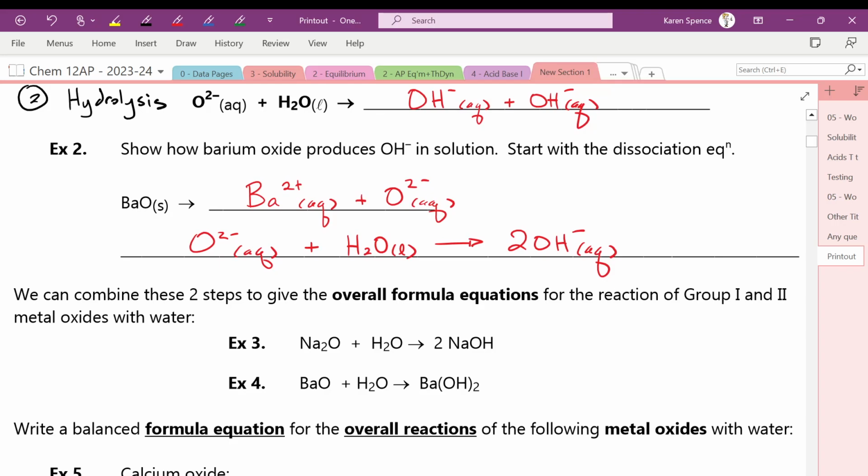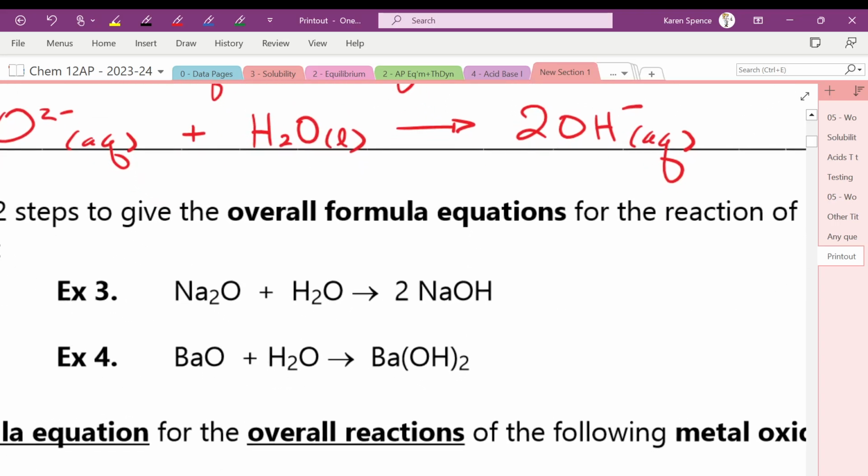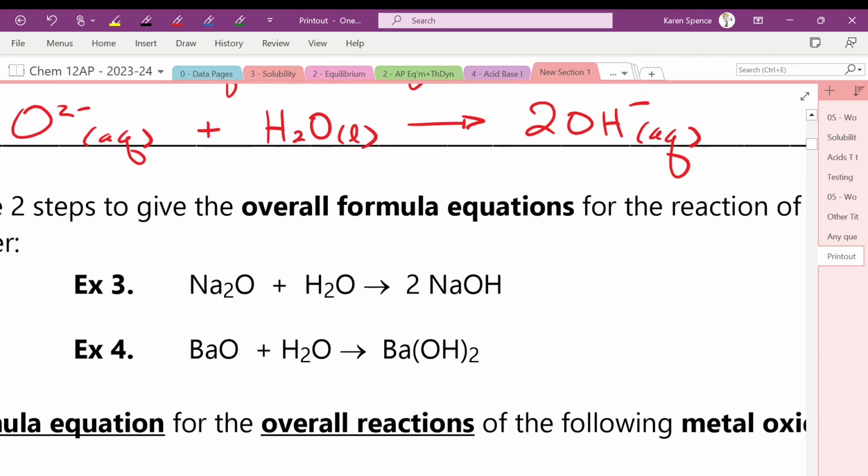Okay, so we can combine these two steps into an overall formula equation. So rather than having to write first the dissociation and then the hydrolysis, you can write an overall formula equation where you simply have the metal oxide plus water gives the metal hydroxide.